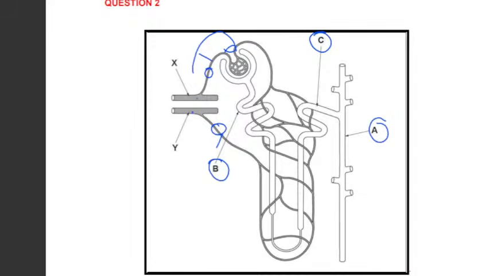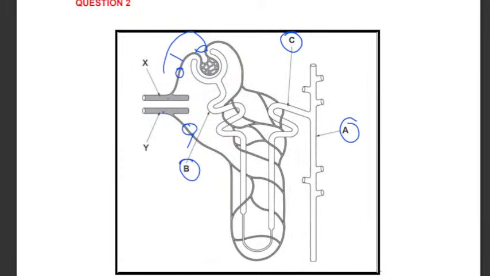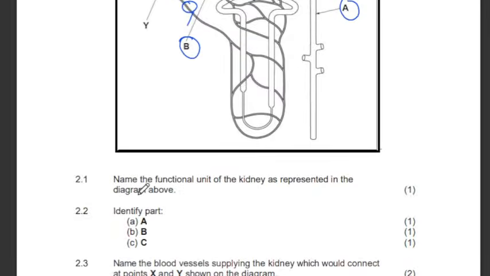Yes. So if we go to the next question, they're saying: name the functional unit of the kidney represented above. It's a nephron.